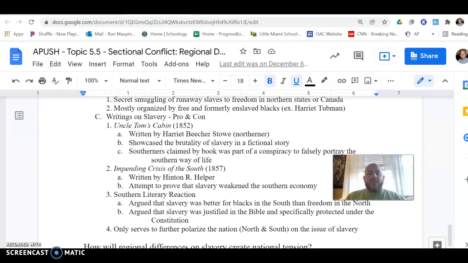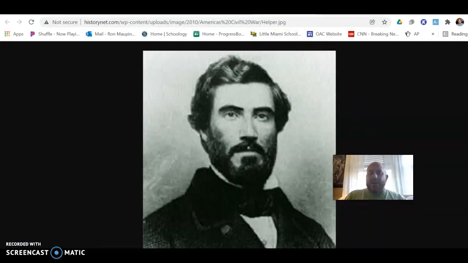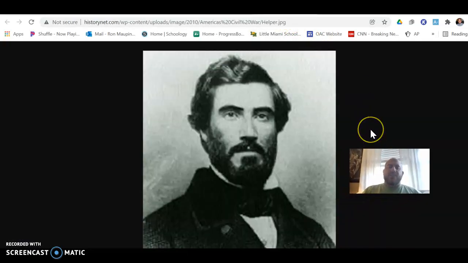Now, another important work that's not nearly as famous historically, but still significant, is Hinton Helper's Impending Crisis of the South. And what Helper does is try to take a very logical perspective in terms of the impact of slavery in the South.